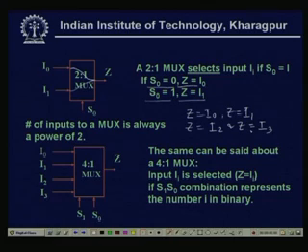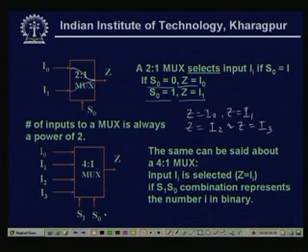So, I need 4 combinations of select lines, and for 4 combinations I need at least 2 select lines. So it will be 00, 01, 10, 11, that means my S0 S1 values, and for these 4 combinations I0, I1, I2 and I3 will be passed to Z.